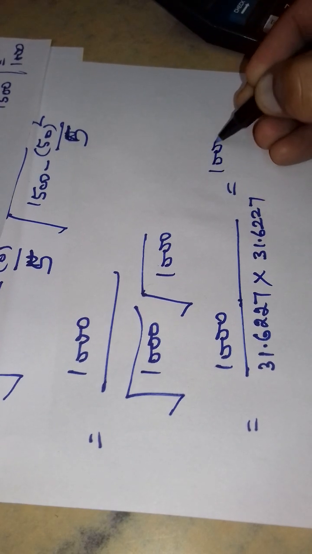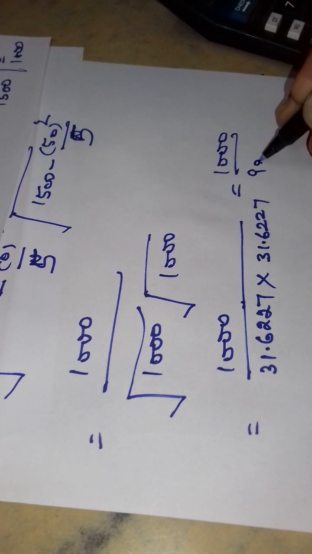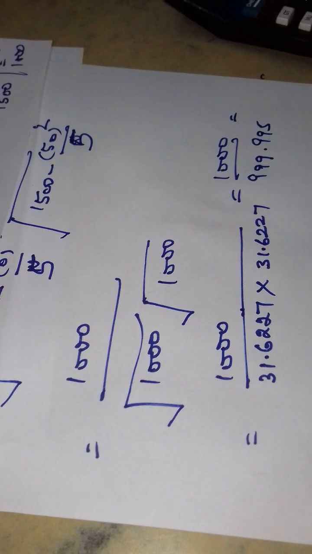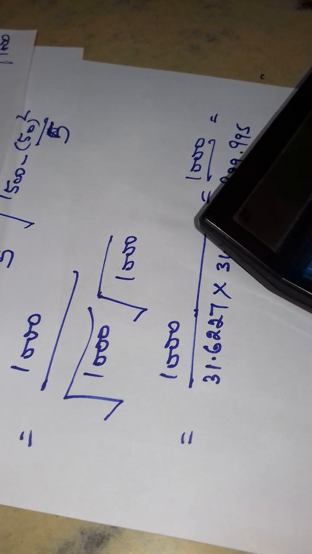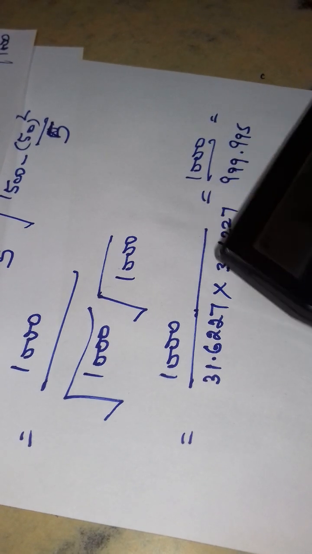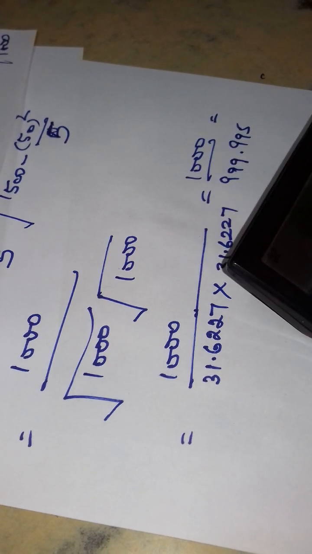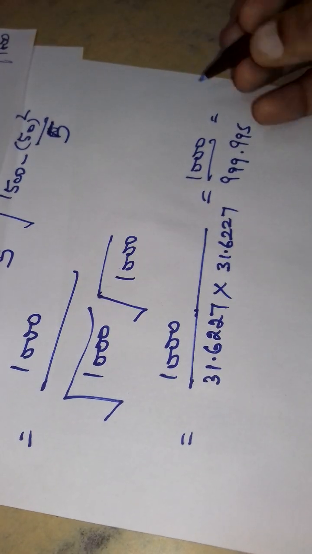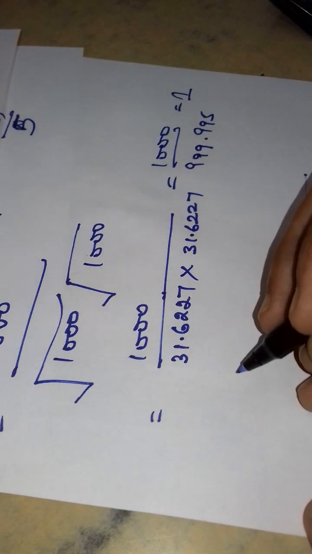Let's divide 1000 by 999.995 and we got exactly 1.